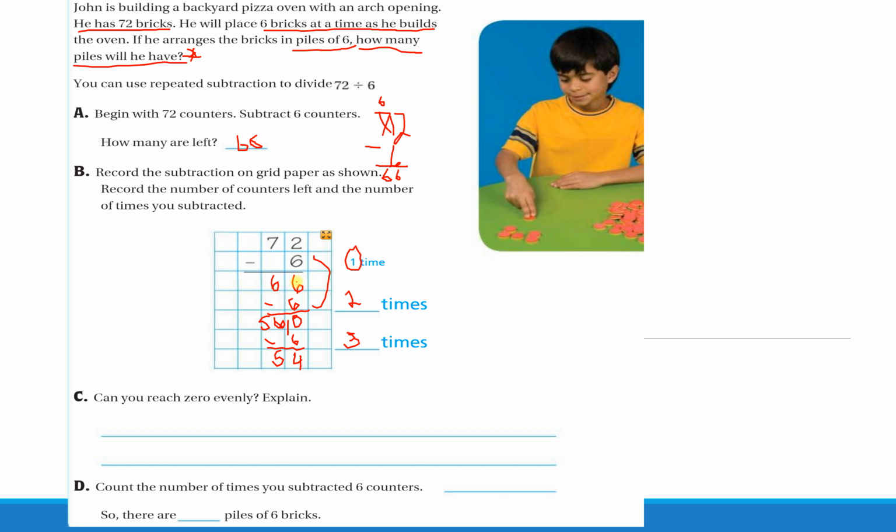Now, the question here on part C is, can you reach 0 evenly? Explain. Well, we know 6 can go into 60 evenly, so I'm going to say yes.